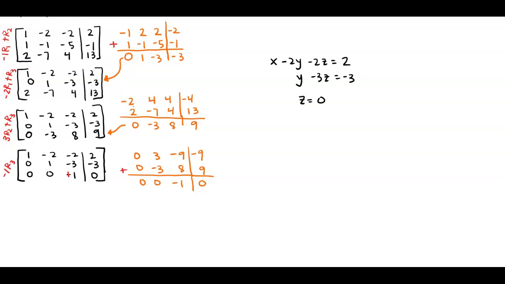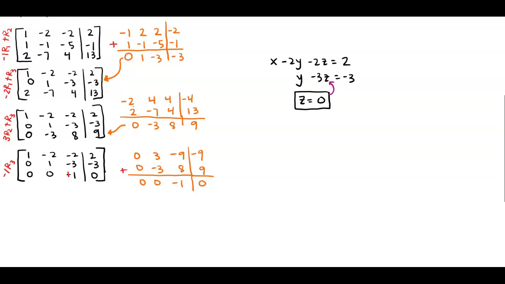So I already found one answer: z equals 0. And then I'm going to use that to help me find my x and y. Notice what I'm going to do. I'm going to take this 0 and put it in place of z in the equation right above it.